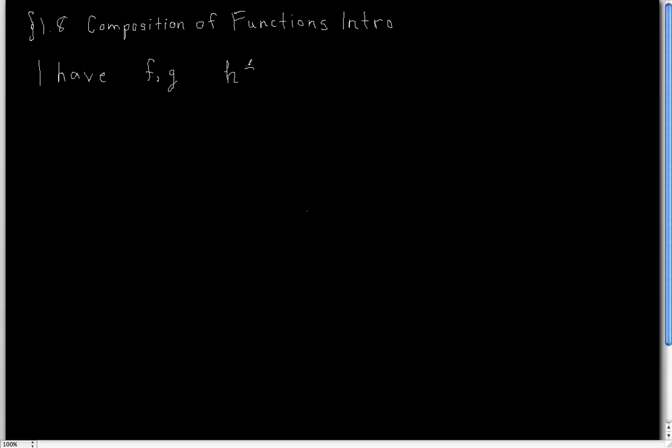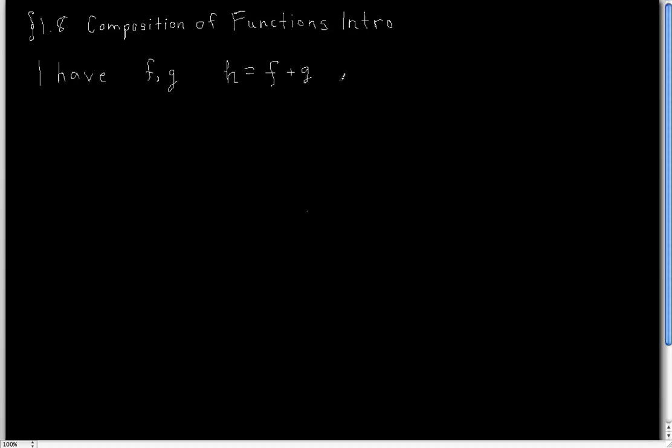So the way I would write that is h equals f plus g, and maybe it's obvious to you what that means, maybe it's not, but just in case, to be precise, let's say exactly what that means.